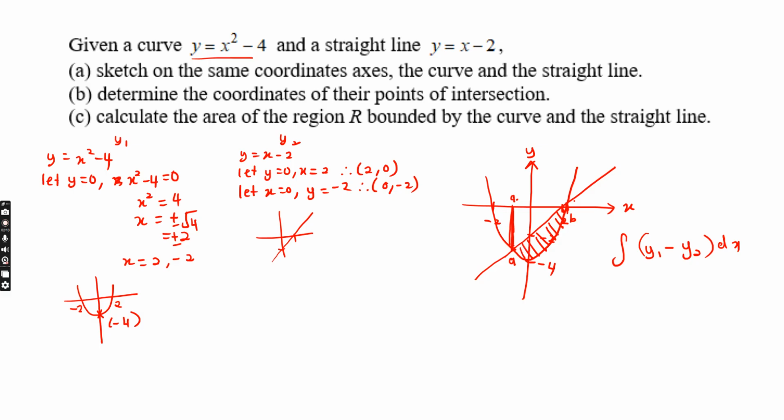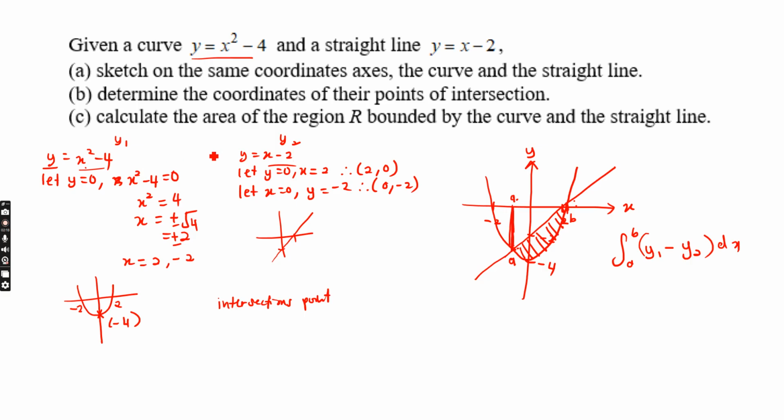So we want to know A and B first by using what? We need to find the intersection points. So how to find the intersection points? You can use the equations that we have here. These two intersection points. How? x squared minus 4 equal to x minus 2.